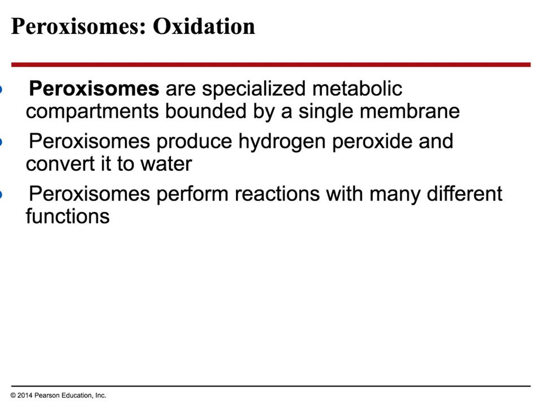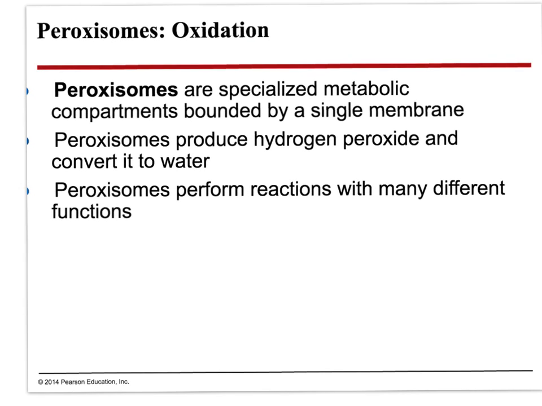Last little one is peroxisomes. This is important in oxidation. These are specialized vacuoles. You read about vacuoles, hopefully, in the beginning of chapter 4. But peroxisomes have enzymes that produce hydrogen peroxide, and then they convert it to water.